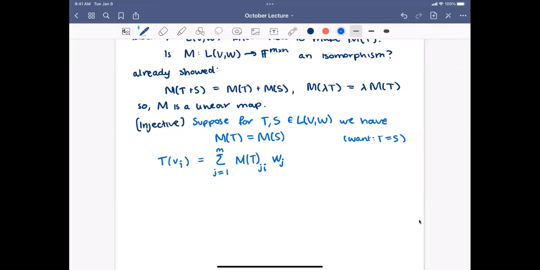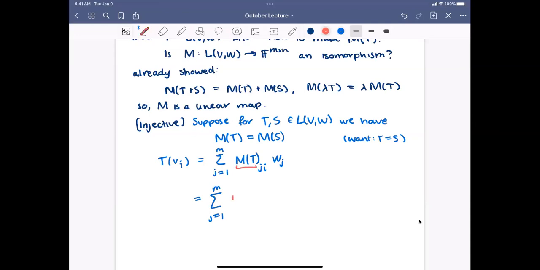Okay, so we have this. But we know also that M of T is equal to M of S. So I'm just going to replace M of T by M of S because they're equal.